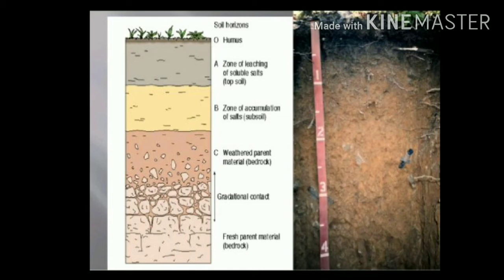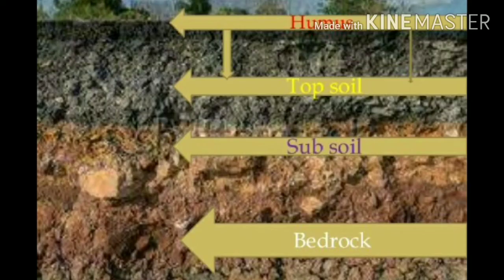So in this way we have seen the different horizons of the soil. Once again, in the topsoil there is humus, in the subsoil there are mostly minerals, and the bedrock is made of big, very hard rocks, which are very difficult to dig.